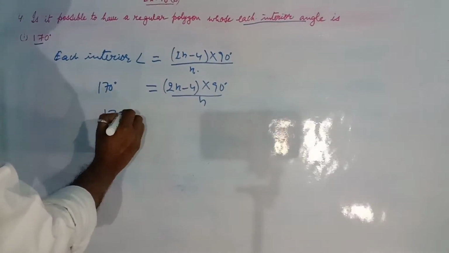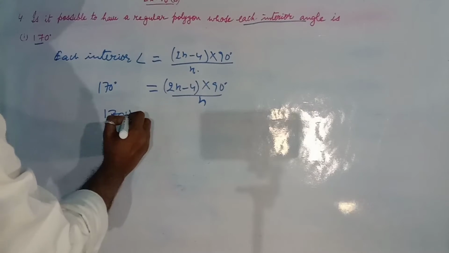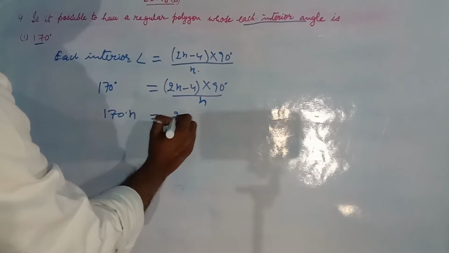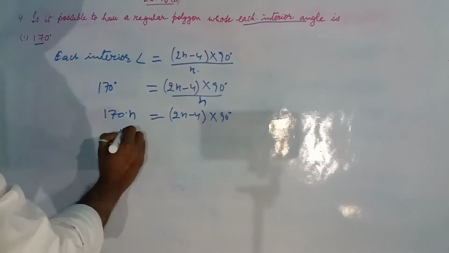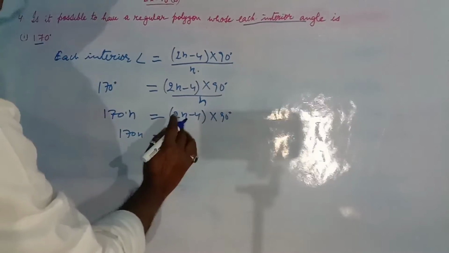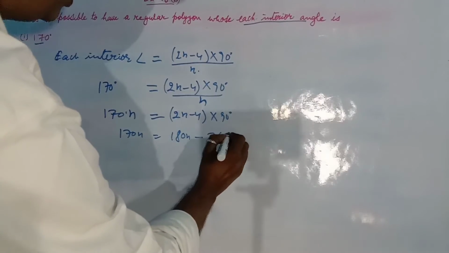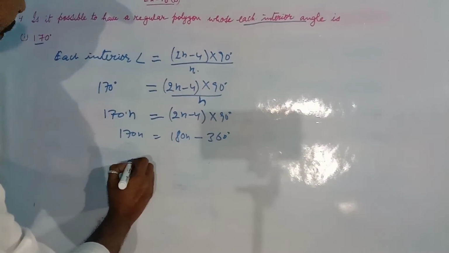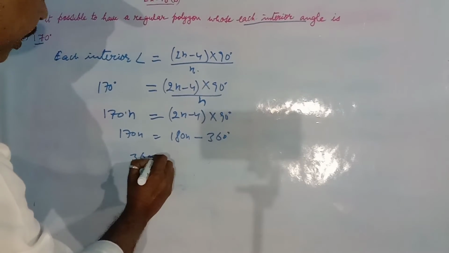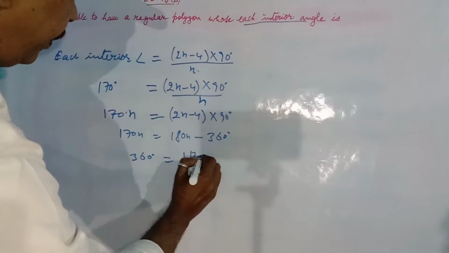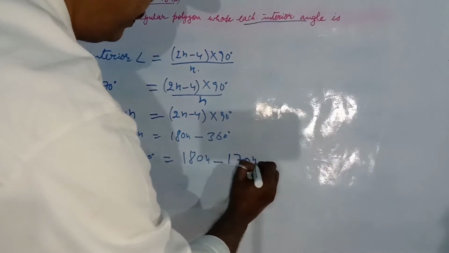Now here n will be transposed, so it will be 170n equals (2n minus 4) times 90 degrees. Now 170n equals 2 times 90, which is 180n, and then 4 times 90, which is minus 360 degrees. Now here the minus 360 degrees is transposed and becomes plus 360 degrees equals 180n, and here 170n becomes minus 170n.